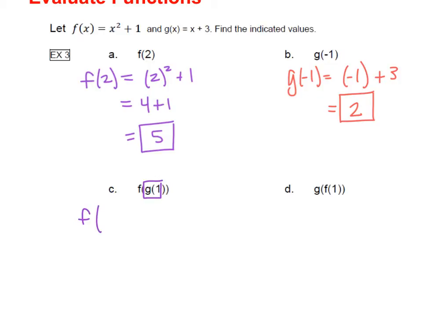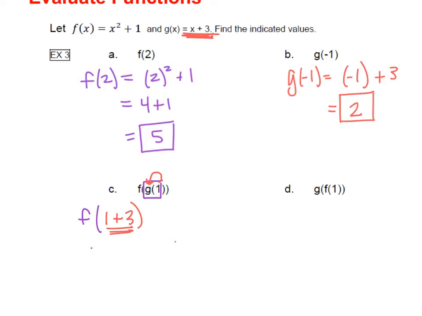That means start with the number 1 and we're going to plug it into the g function. So our g function is x plus 3. So I'm going to plug in a 1 for the x plus 3. This 1 plus 3, that's your g function from up there.